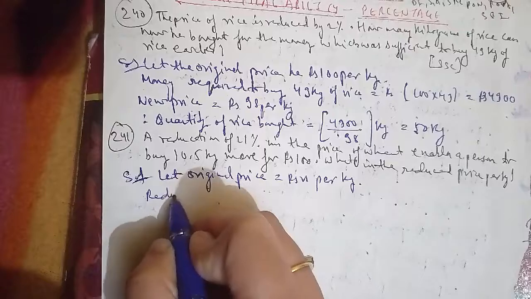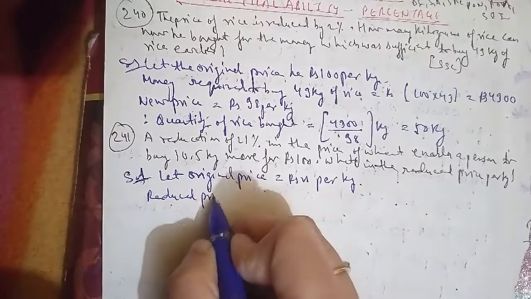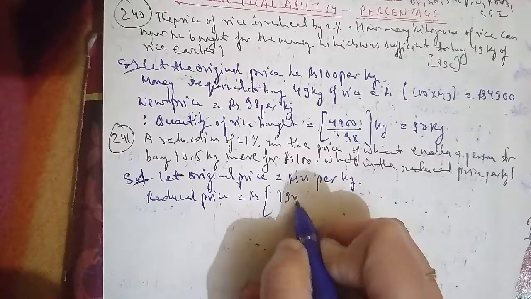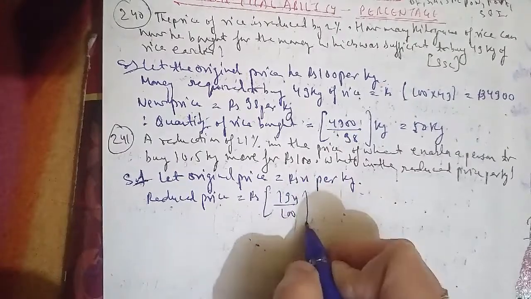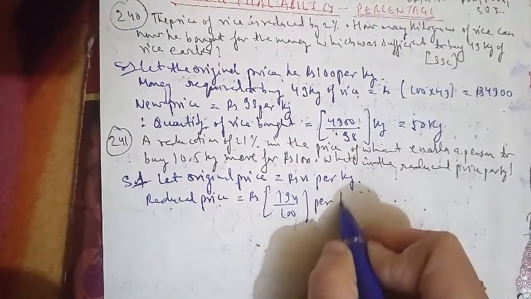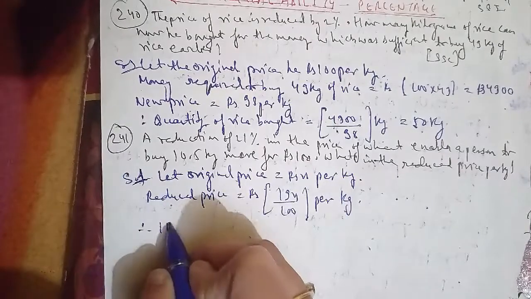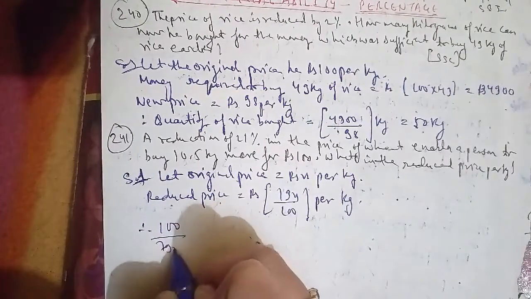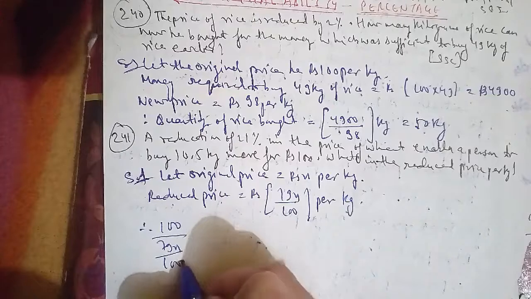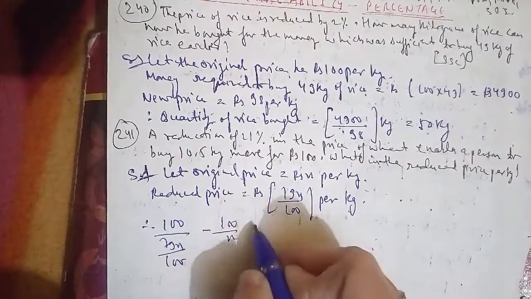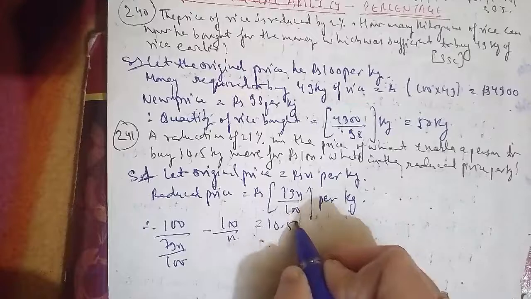So 100 upon 79x upon 100 minus 100 upon x equals 10.5, which means 10,000 upon 79x minus 100 upon x is equal to 10.5.